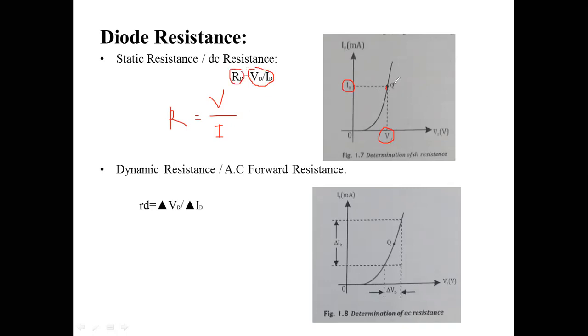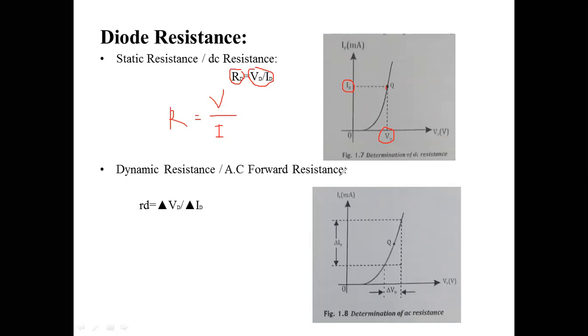Sometimes this point Q is called the operating point. V by I at that point is the resistance, called static resistance or DC resistance.